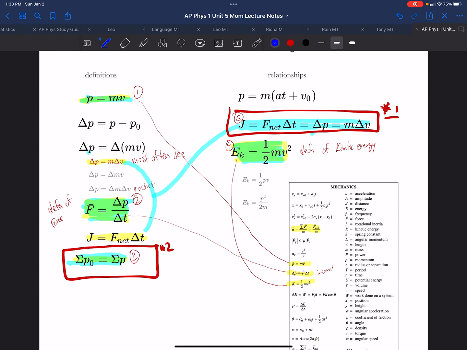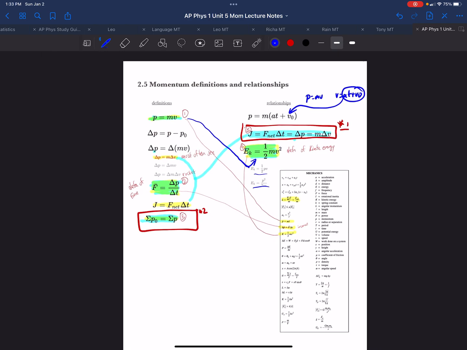You know enough to see that, let's see, well, p equals mv, and we know v equals at plus v0. Oh, so what did I do? I just substituted that in there. That's not worth your time. These two formulas are substituting this into this to give you two other versions. So there's no reason to give those special attention. And the others are kind of common sense formula play around.